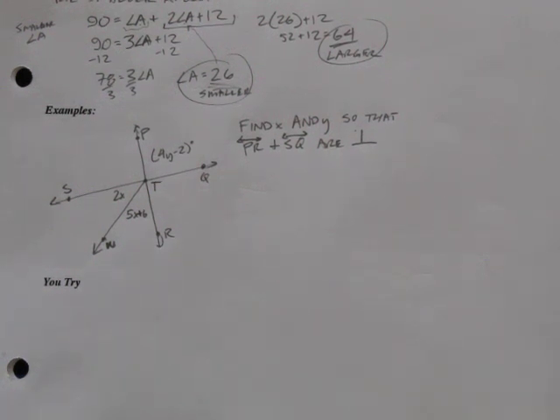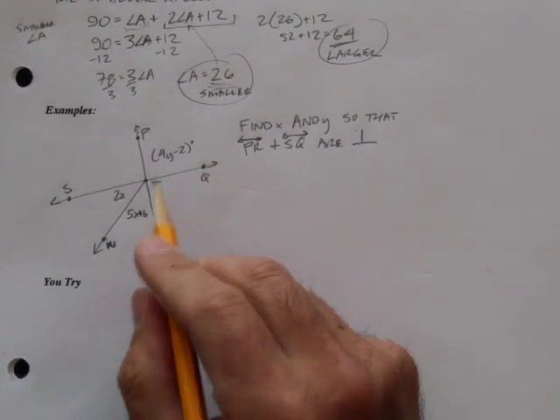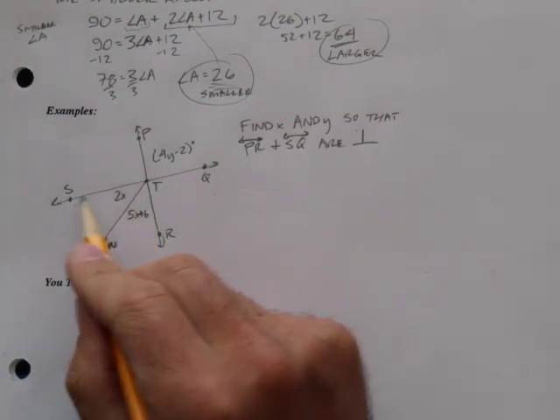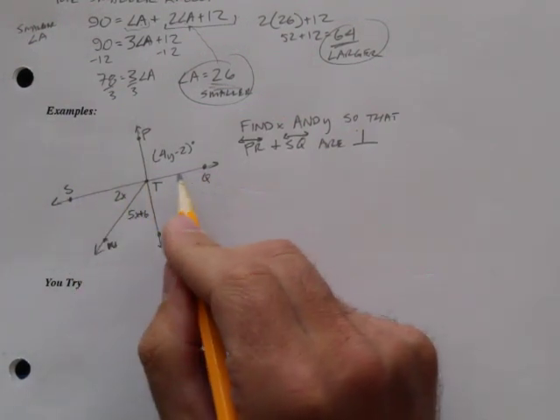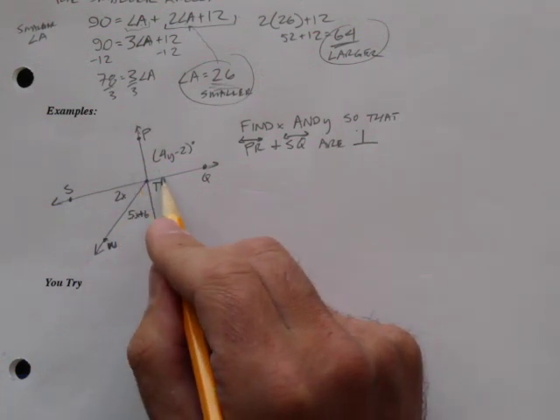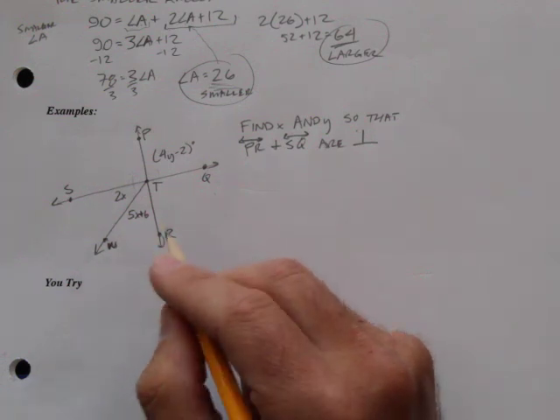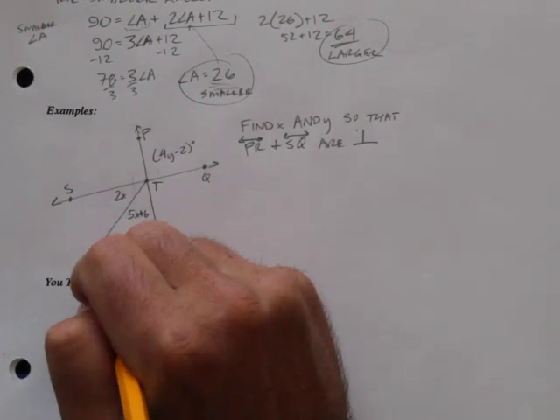First, we have to find what x equals. We're going to say that these two lines are perpendicular, meaning that this is 90 degrees, this is 90 degrees, this is 90 degrees, and this is 90 degrees. So I'm going to set this equal to 90 degrees.